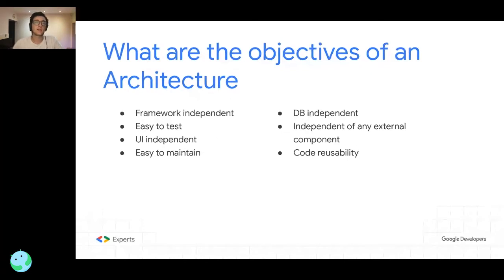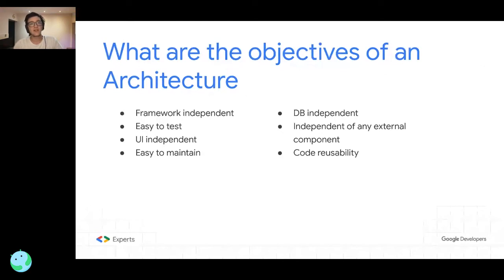It's easy to maintain. This is a really nice perk because doing clean architecture in our project will let us touch the code that we need to touch and maintain it more easily than navigating a whole 2,000 lines class and trying to find where is the code that we need to touch.